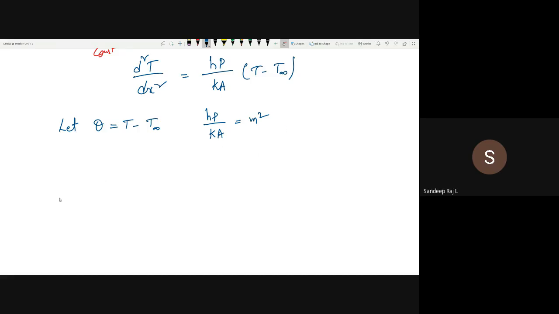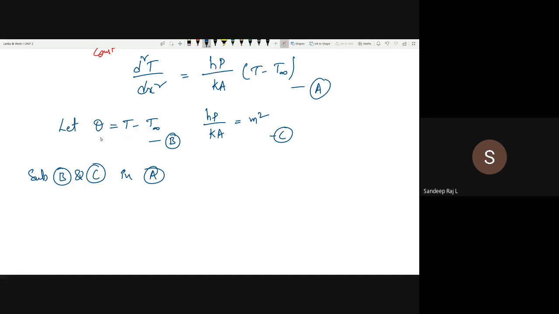Then I will substitute these things into this one. I'll call this as A, and this is B and C. Substitute B and C in A. See, T infinity is a constant and T is a variable.